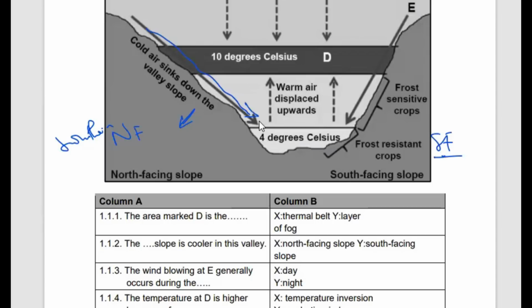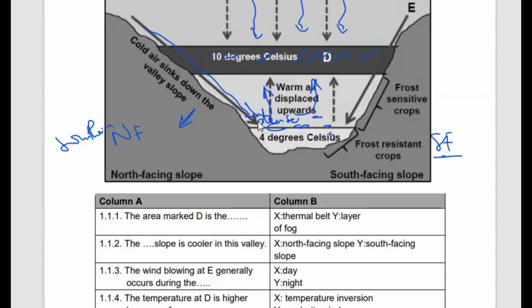As this cold air is sinking, remember, it's more dense. Because of its density, it is going to occupy the bottom of the valley, and it makes the warm air subside. So it's displaced vertically into the upper parts of the valley. And we are also seeing that we have this layer here, which is a result of the suppression caused by strong descending air.